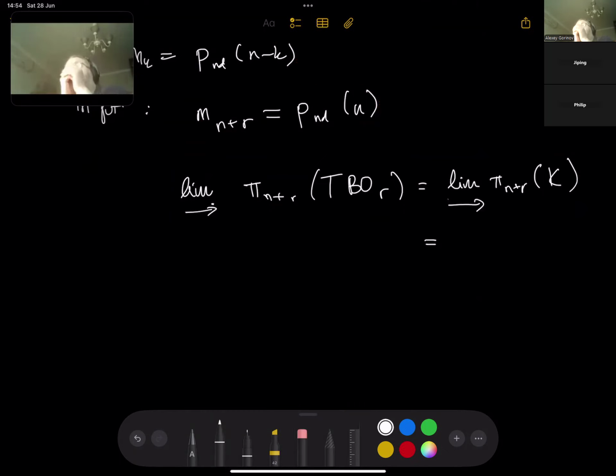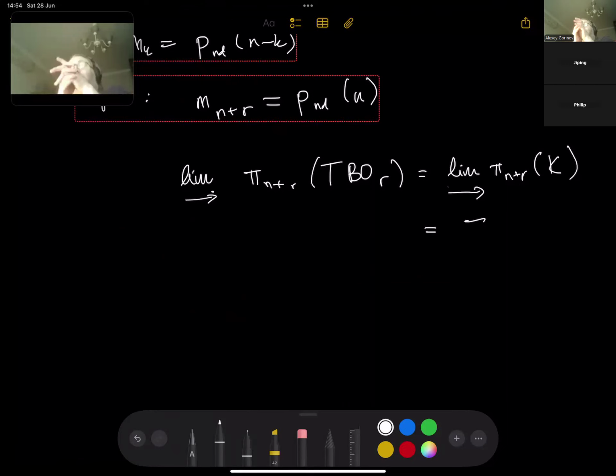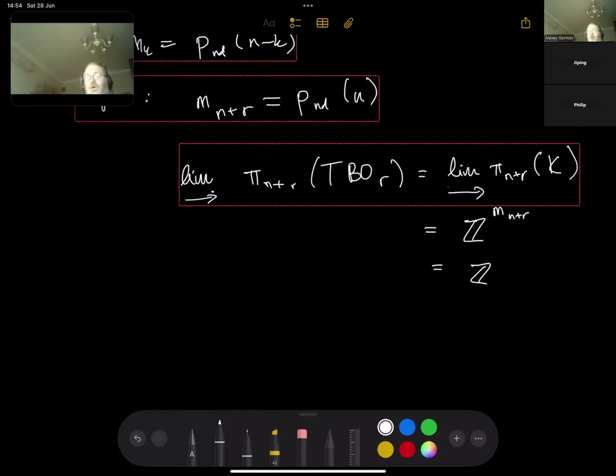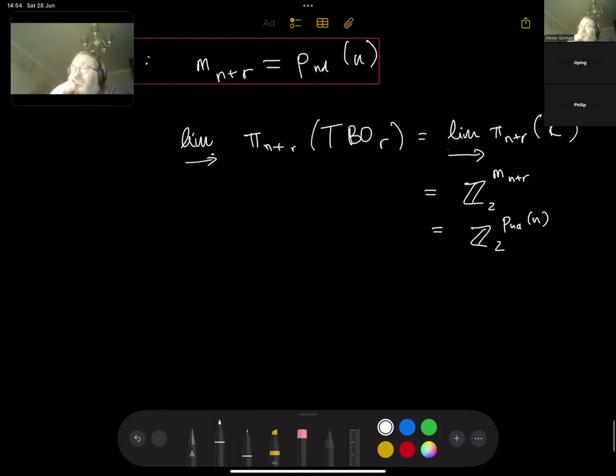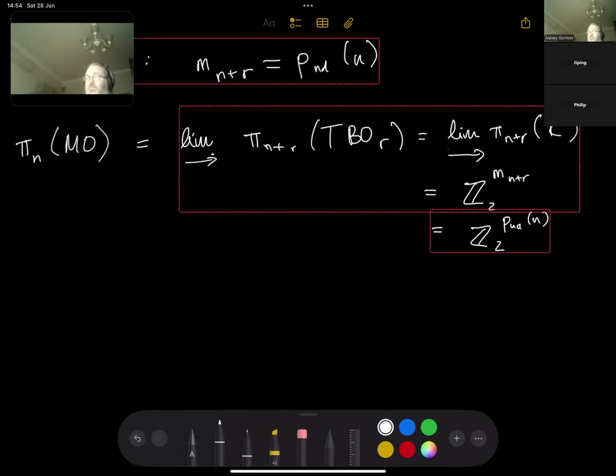Then this is just the direct limit of Z_k's, Z to the mn plus r, as we said, but this is just Z_pn of... Well, it's not Z, it's Z by 2. So that's the result, I suppose.